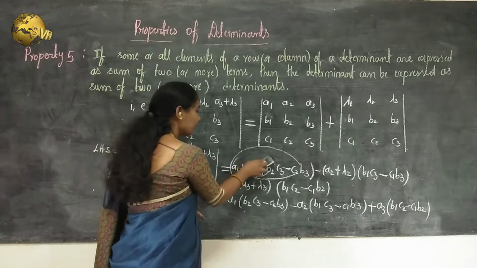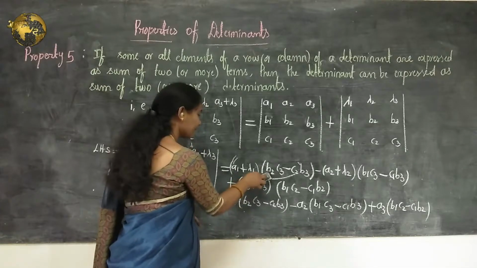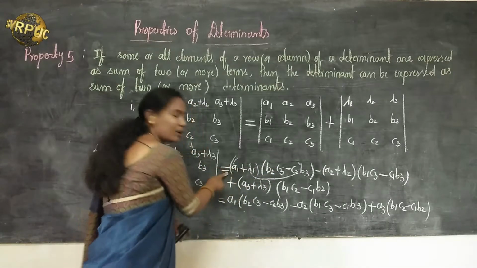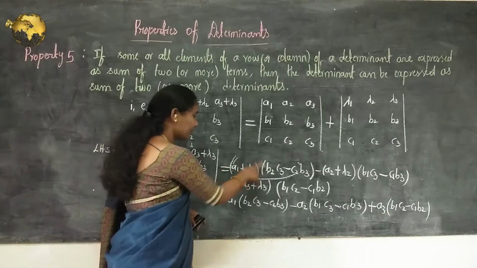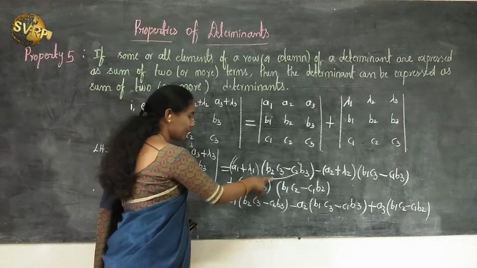So first into all the elements is over. Next we'll move on to second with all these elements. I am not separately doing A1 into first one and A1 into second one. I am doing A1 into the whole bracket, writing it as it is.